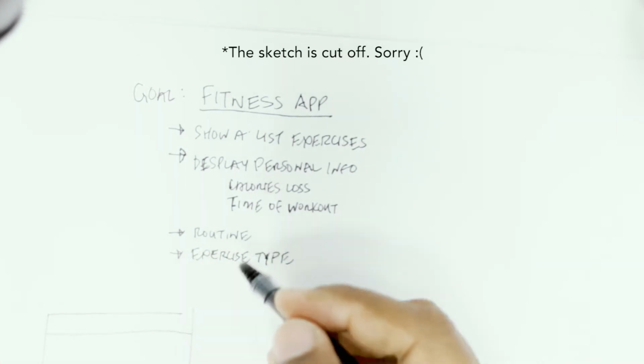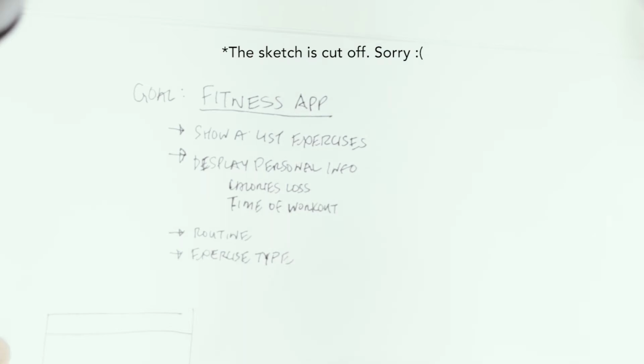But let's say I have my header, and then I want to put out a list of exercises. So maybe I want to do them in this form, maybe show an image of them, and show the type. Maybe this is chest exercise, maybe abs, something like that. And these will be images that will reference them, right?